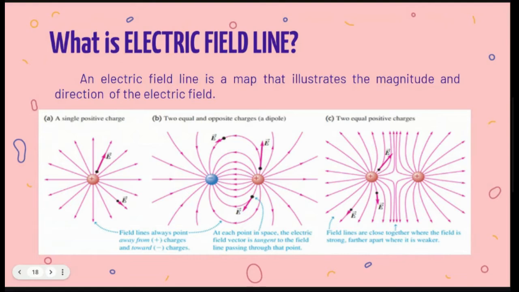Notice the electric field line in the middle: it is perpendicular to the surface of this positive charge, so it moves in this direction. It moves perpendicular to the surface of the negative charge, so it also enters on the same perpendicular surface of the charge.